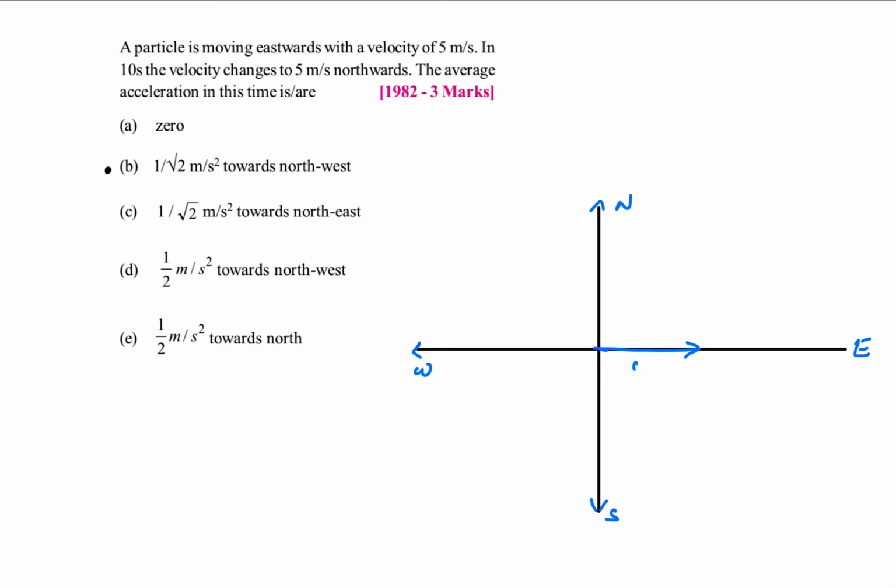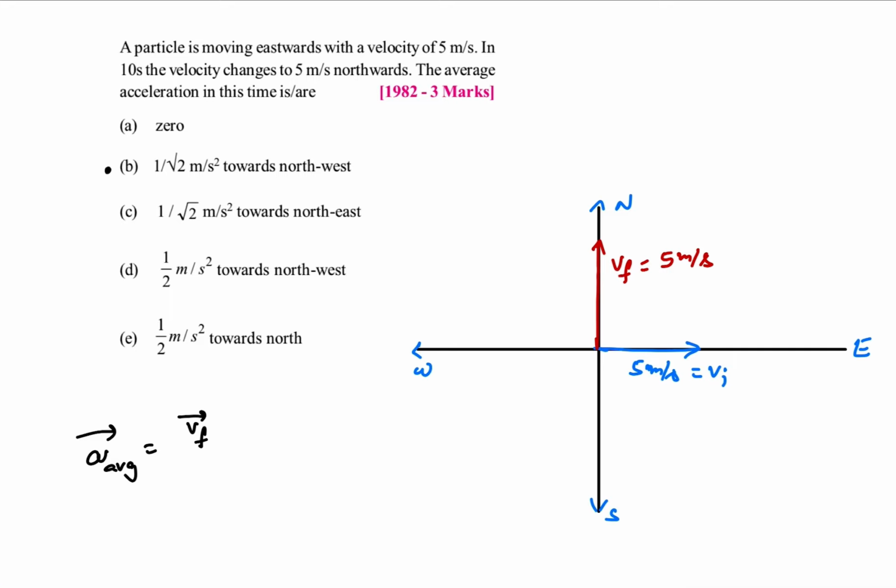This is the north direction, west direction and south direction. Initially it is 5 meter per second, the initial velocity. In 10 seconds, the velocity changes to 5 meter per second in the northward direction. I am taking the north direction, final velocity is 5 meter per second in the north direction. Now we want the average acceleration.